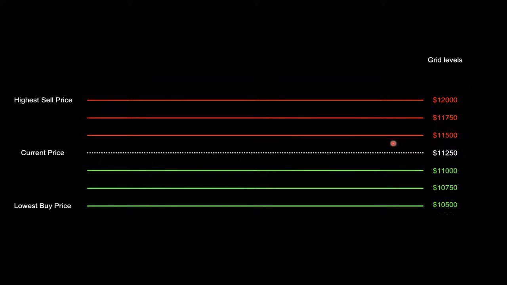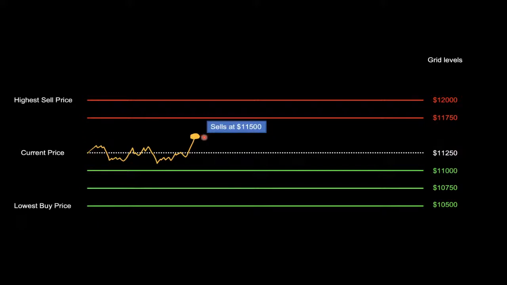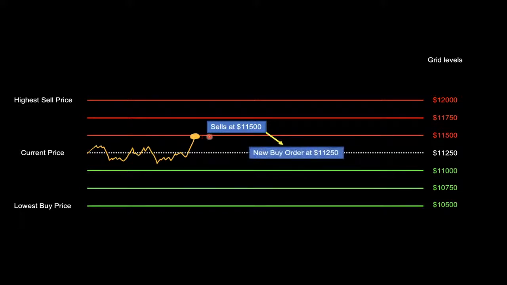So imagine that the price then moves upwards and it triggers the first sell limit order. What's gonna happen is that the bot will execute this sell order, and eventually it will place a new buy limit order right below that price at 11,250.